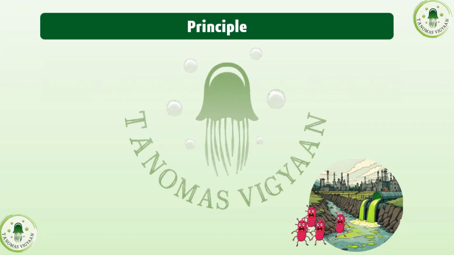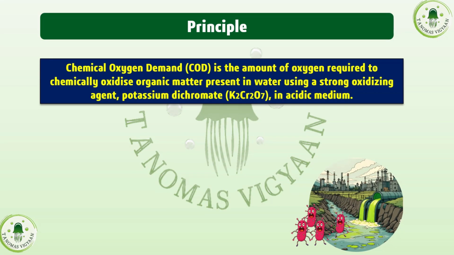Now coming to the principle of COD, that is chemical oxygen demand: it is the amount of oxygen required to chemically oxidize organic matter present in the water, using a strong oxidizing agent. The oxidizing agent used here is potassium dichromate, K2Cr2O7, in acidic medium, to find out the COD of the water sample.